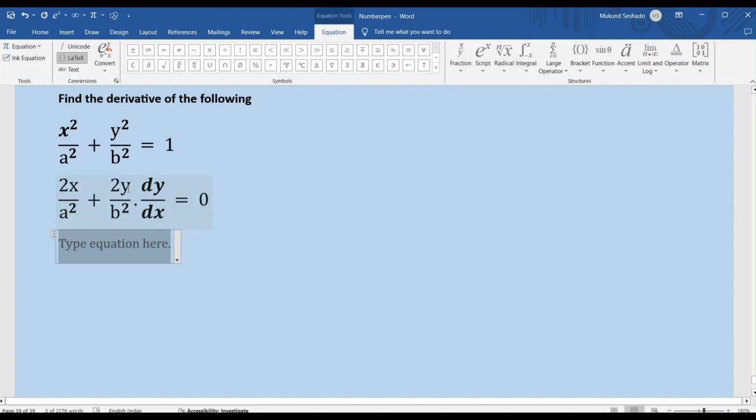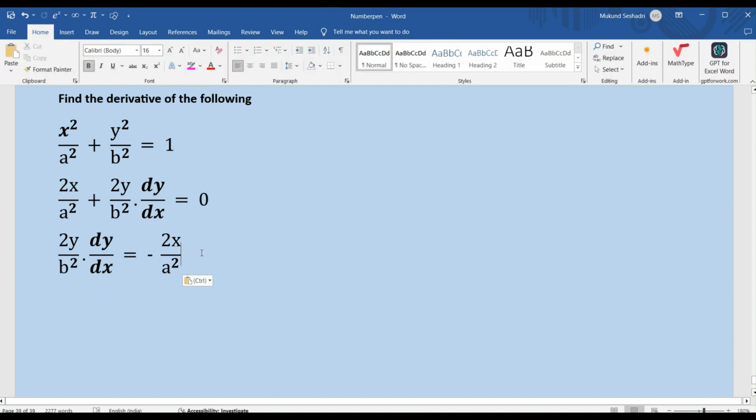Now I do a bit of rearrangement before I arrive at my dy by dx. So my 2y divided by b squared times dy by dx is nothing but minus 2x by a square, right? And then folks, my 2 and 2 are available to cancel on either side.